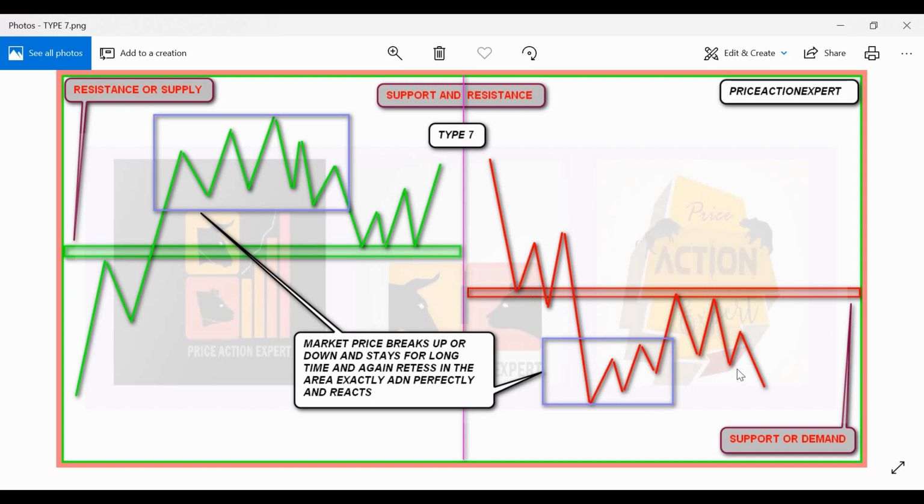Here, the decision is made. When it retests, you can either go up or go down, this is the decision making area. But normally, after staying away for a long time, when it tests this resistance or support area, it normally bounces a bit. Okay, let's see the example.